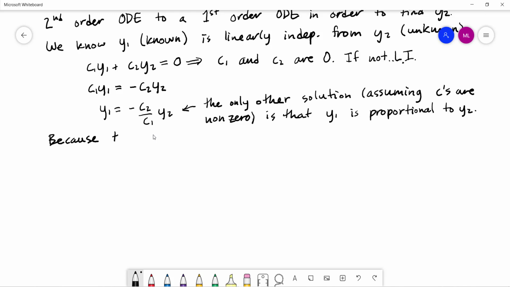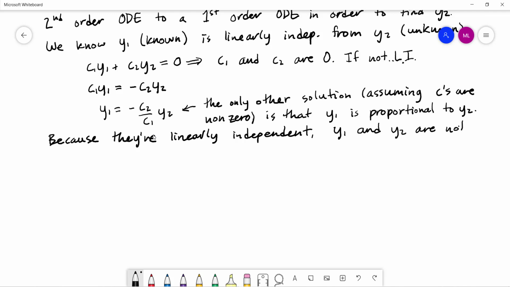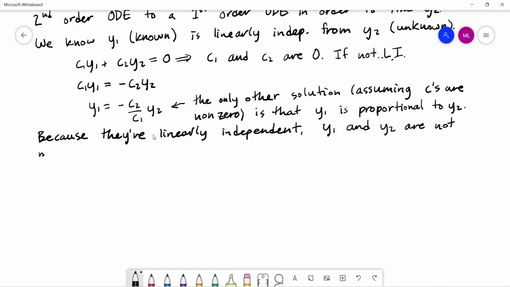So because they're linearly independent, y1 and y2 are not multiples of one another.